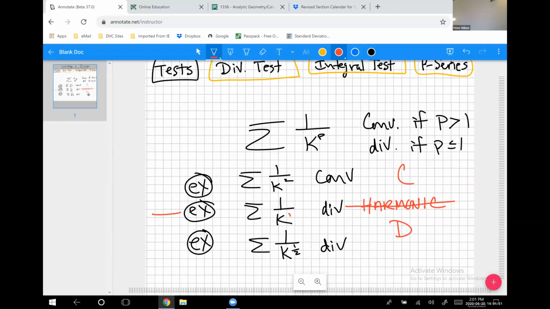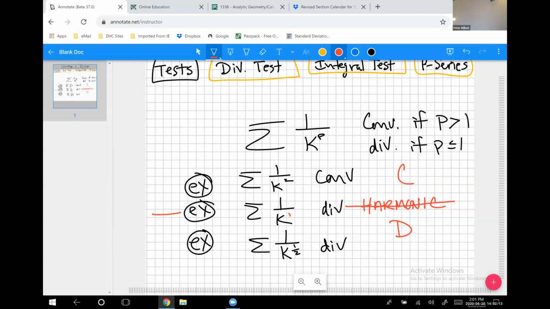And that happens when p, instead of being bigger than 1, becomes less than or equal to 1. And you may recall that we basically drew those same conclusions when we were doing an improper integral of similar functions back in 7.8.